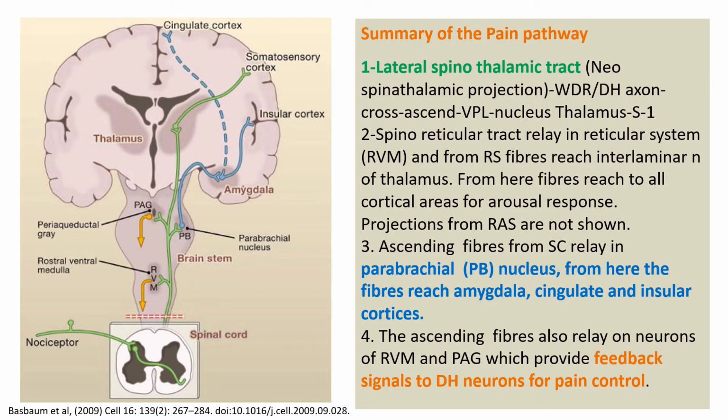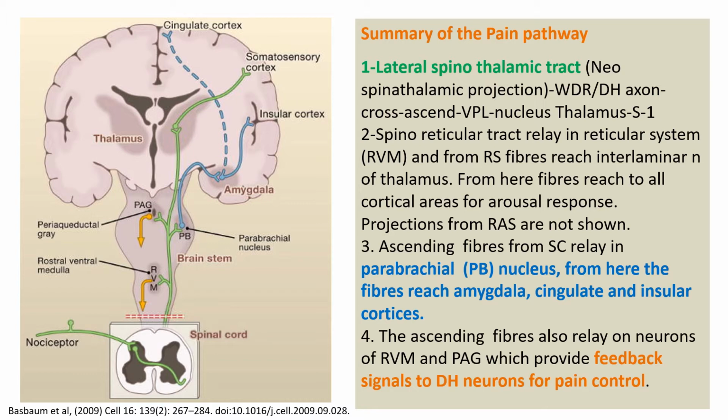Then the collaterals given to the rostroventral medulla will now excite the raphe nucleus in the medulla, and that would send fibers to the spinal cord through the bulbospinal tract. These are serotonergic and norepinephrinergic fibers.